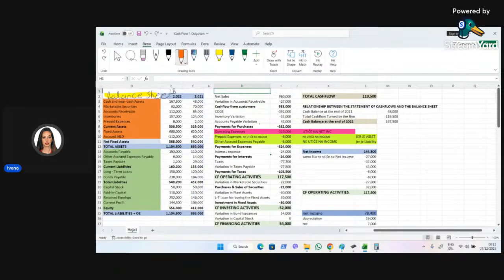Accounts payable variation, this is a liability, because it's payable. We haven't paid this yet, so let's find accounts payable. Let's take the green one. We said liability stays the same.